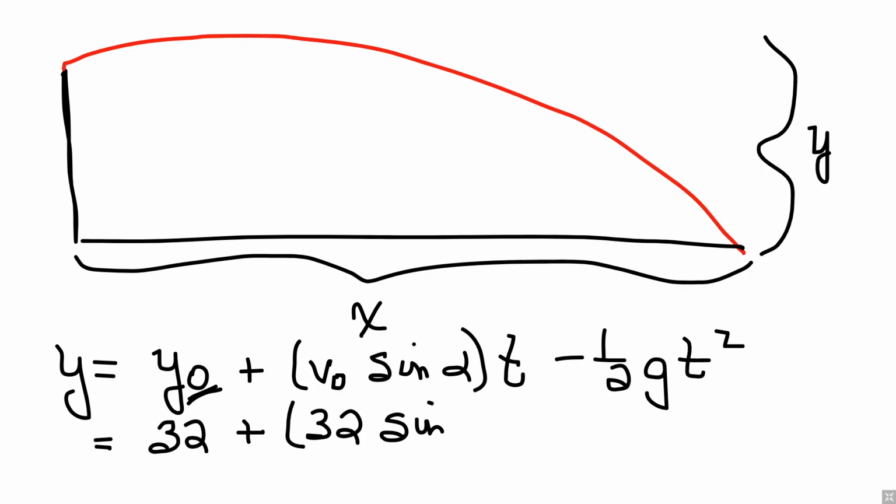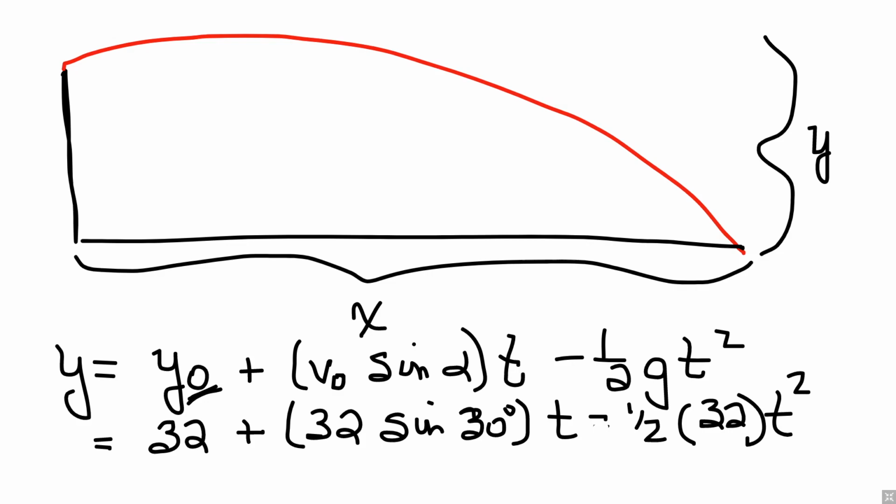It's 30 degrees. All right, t represents time. Are we given any time? No. So we're going to be looking for that. And let me not put equals there, put a minus 1/2 g, which is gravity, is going to be 32. And then we're going to have t squared.